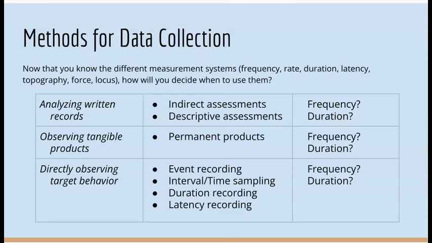So as you think about that, I want you to think about what would you use to measure information from indirect assessments, permanent products, and each of these types of direct observation measurement systems.